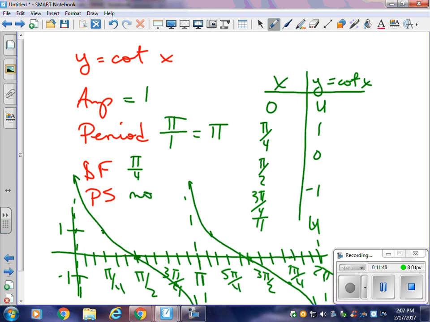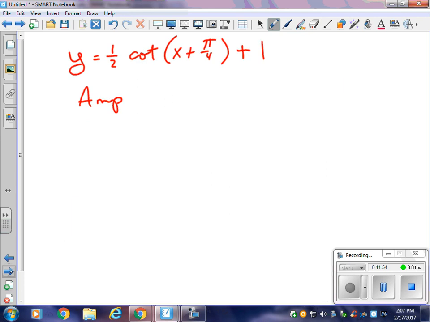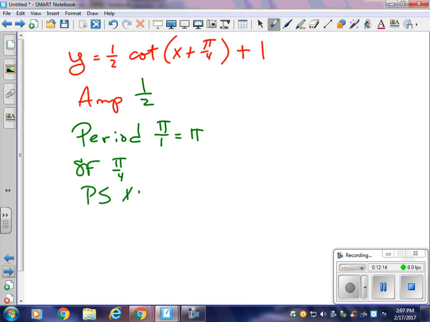Now let's look at an example that has some numbers in it. So in this one, the amplitude, well, it's a half. Your period is still going to be pi divided by 1 or pi. Your scale factor is going to be pi over 4, but your phase shift is going to be x plus pi over 4 equals 0.